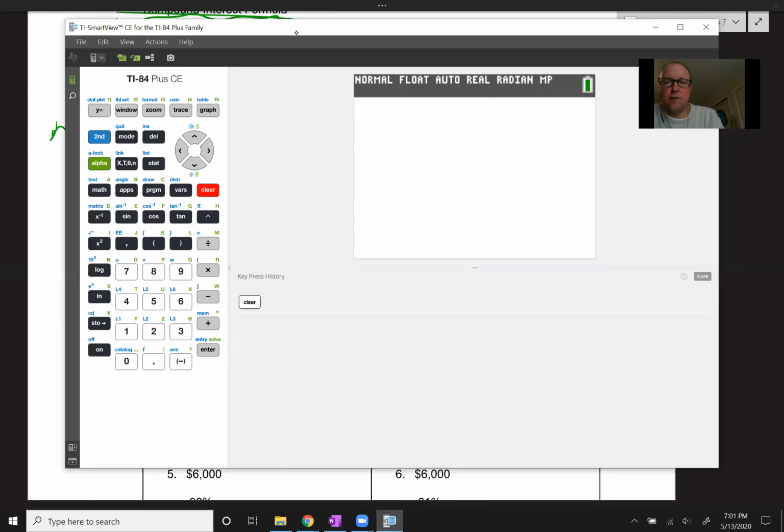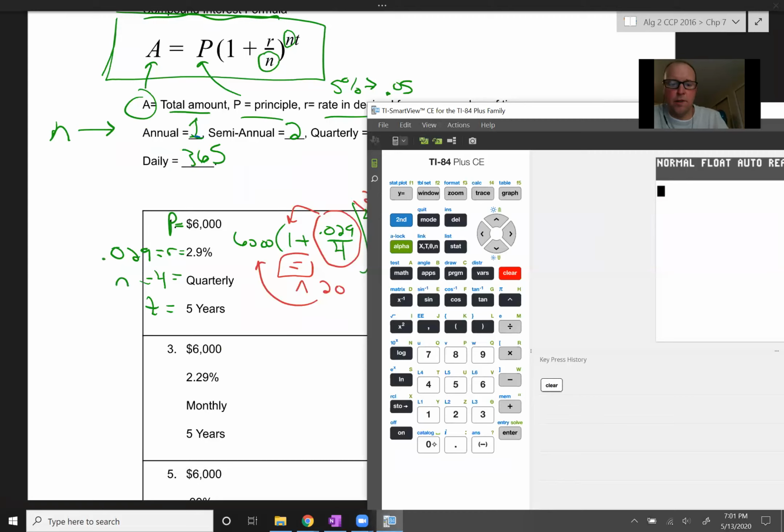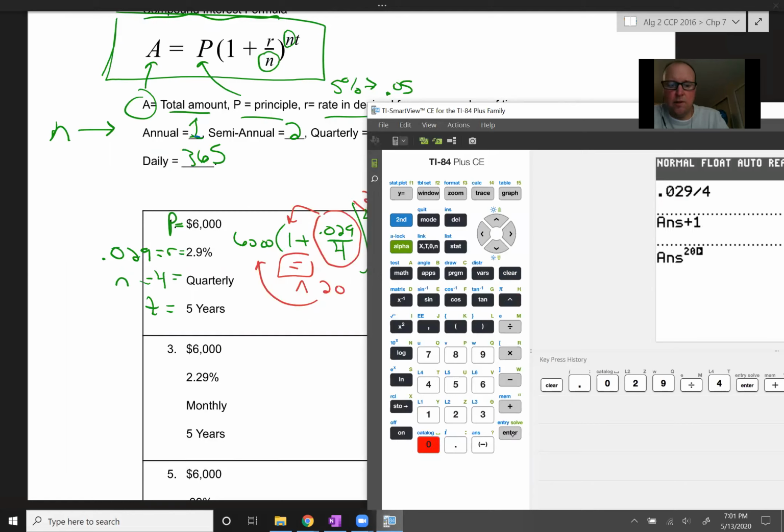Here's what it looks like. Let's drag this thing off to the side so we can try and keep track. So we have 0.029 divided by 4, enter. Plus 1, enter. To the 20th power, enter, times 6,000, enter.